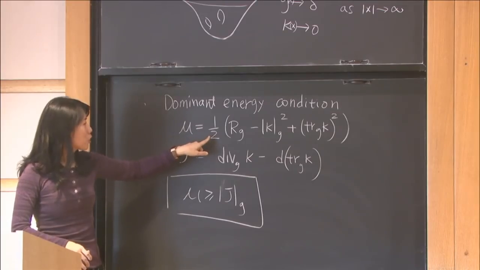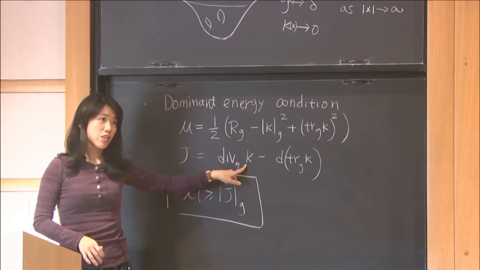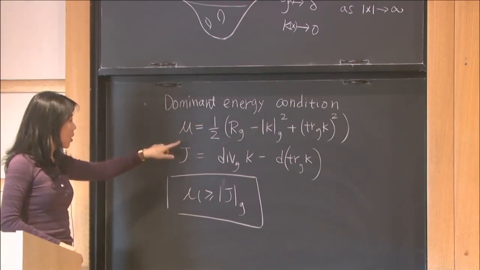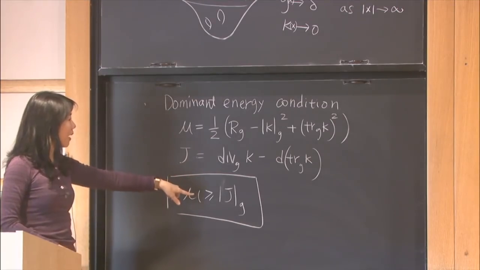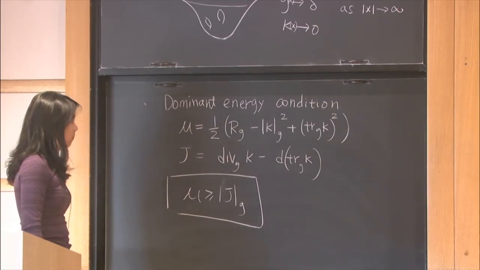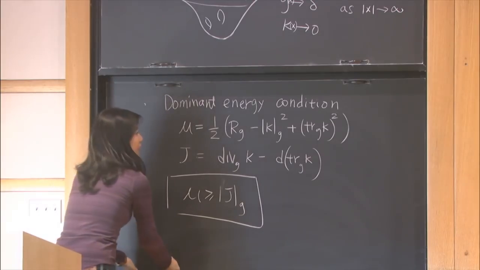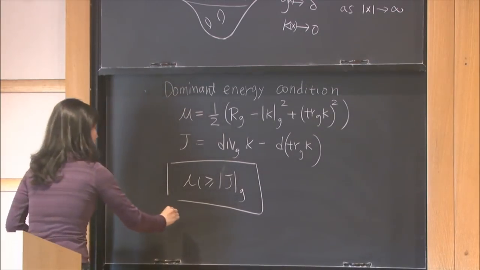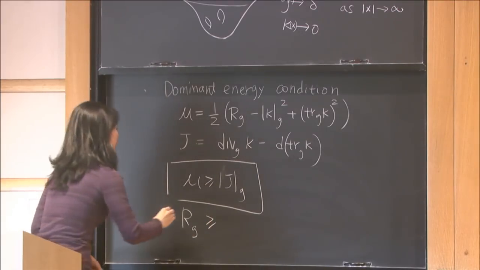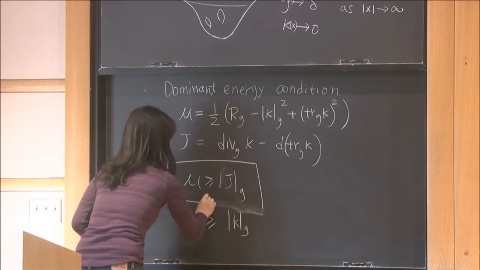But in general, you have this quantity J, which is the divergence of a 0-2 tensor, so this is a one-form. This tells you that the quantity mu has a lower bound in terms of a non-negative term, the norm of this J. Or you can write it another way, just by moving terms around, it tells you the scalar curvature has a lower bound.